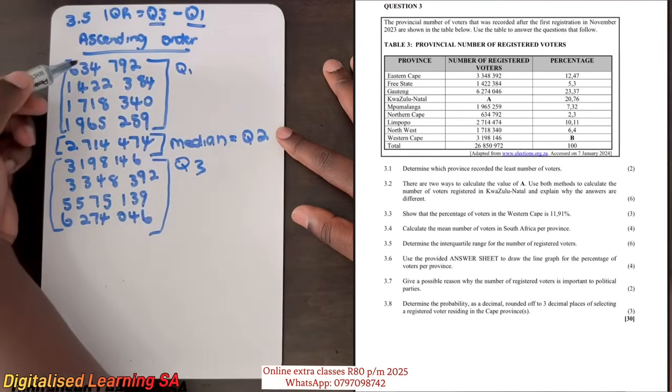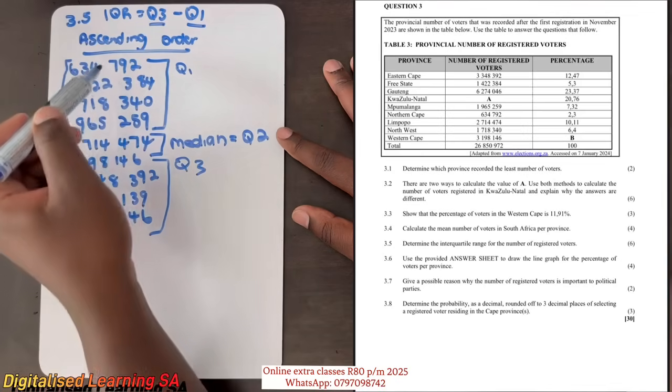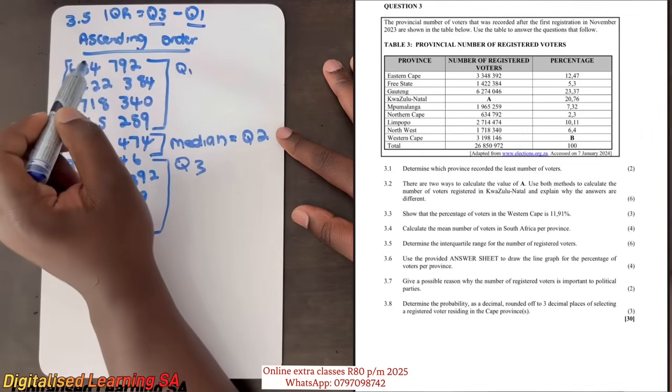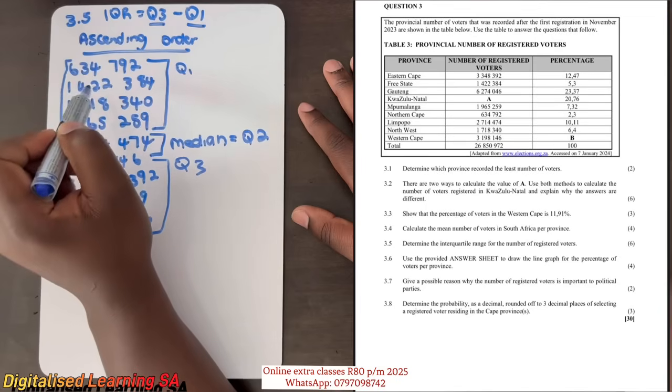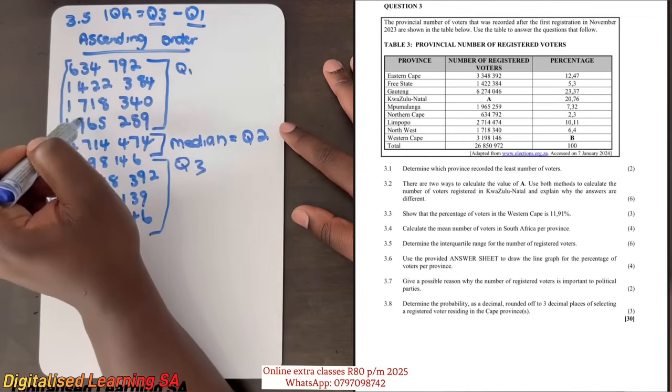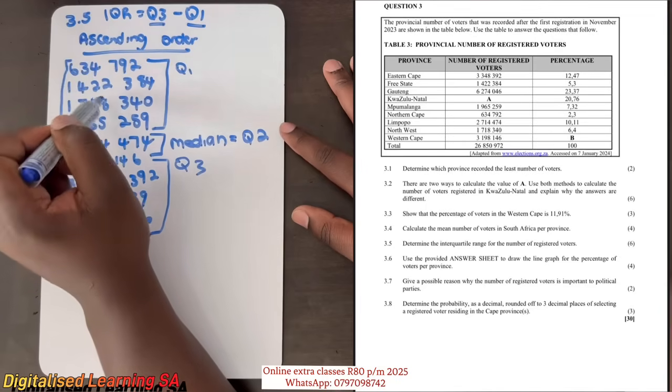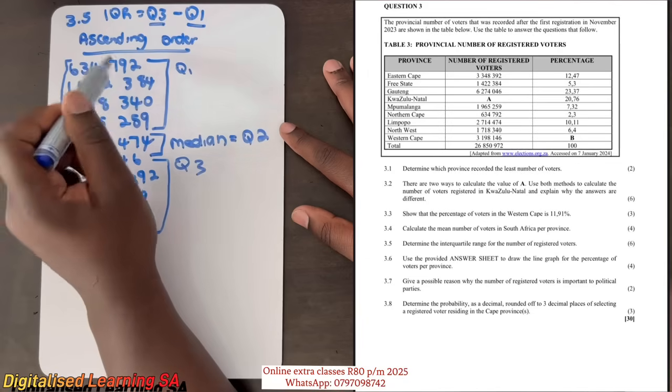And if we check on the first part, we have 4 data points. We can see that we don't have the number that is exactly in the middle because there are 4.